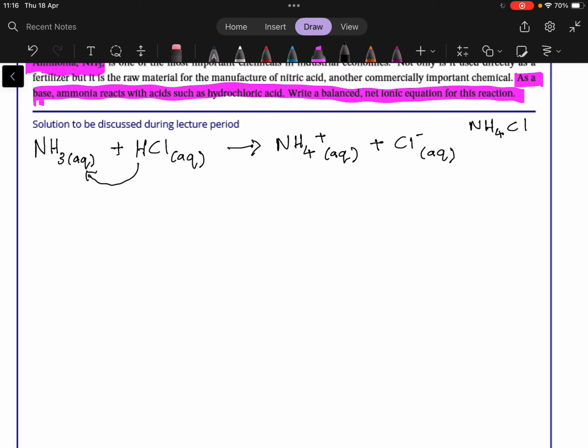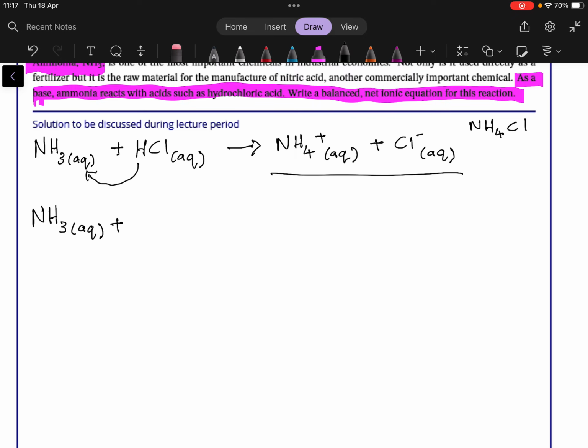So what our equation should look like, because remember we're working towards a net ionic equation. If you look at that first equation, then you would say, yeah, well, that's all that's there. But we always know an acid-base reaction needs to form a salt plus water. We only have the salt here. So how do we get the water?